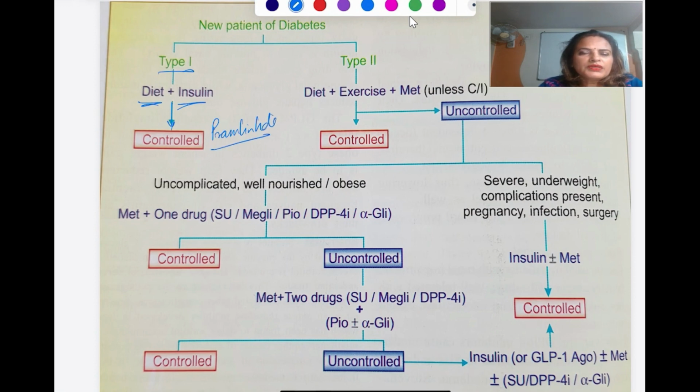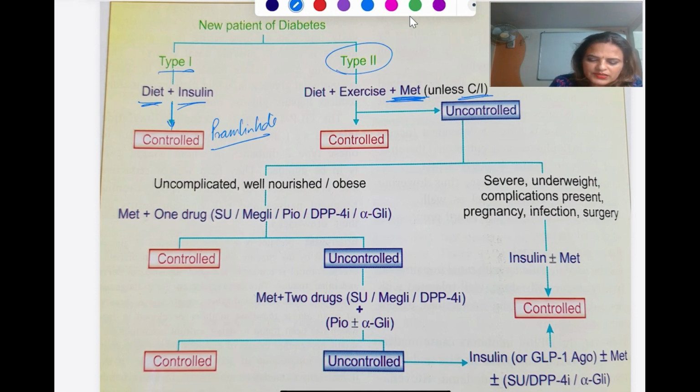So any patient diagnosed with type 2 diabetes mellitus, as I have already told, the drug of choice is metformin, unless there is a contraindication. So why metformin? It is the drug of choice in type 2 diabetes. This I have covered. And what are the contraindications? If there is any renal insufficiency, hepatic disease, pulmonary disease, hypertension, okay, then don't write the patient metformin.